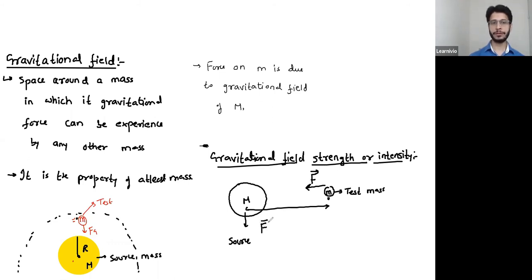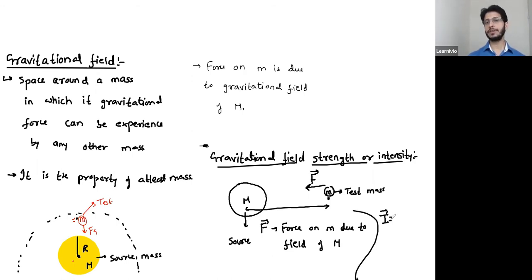So here F is the force on small m due to the field of capital M. So the gravitational field intensity that we represent by I is the ratio of the force experienced by small m divided by the magnitude of small m. This is the definition of gravitational field intensity.